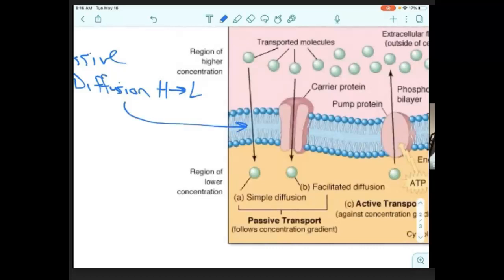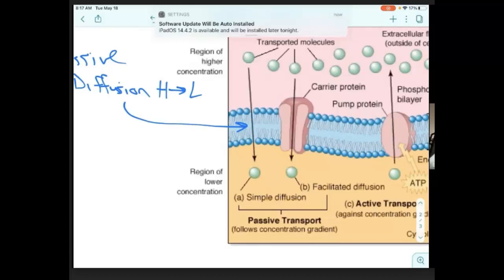So we're drawing an arrow to an arrow. One way is that molecules can just squeeze between the phospholipid bilayer. They can only do that if they're really small. So imagine a picket fence. Say our phospholipid bilayer is a picket fence, and there's a chihuahua. Is that picket fence going to stop the chihuahua?